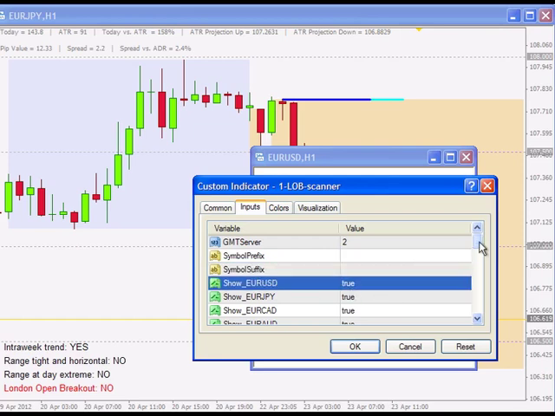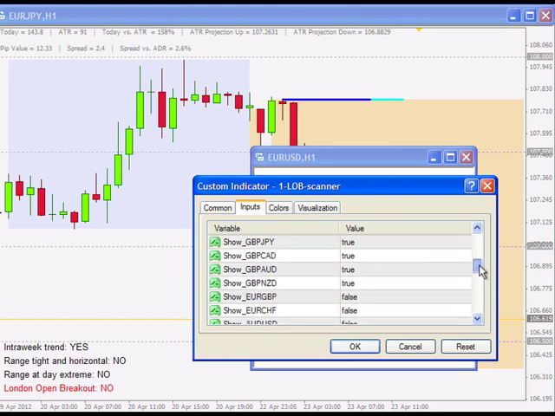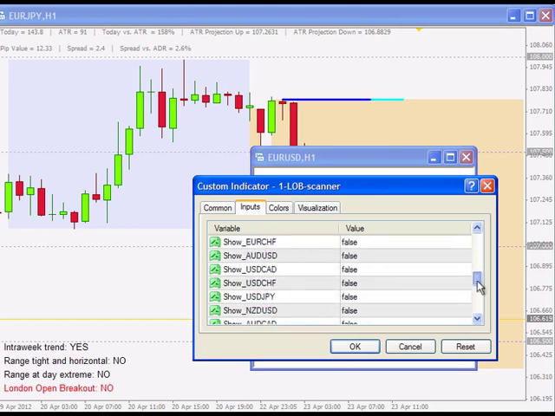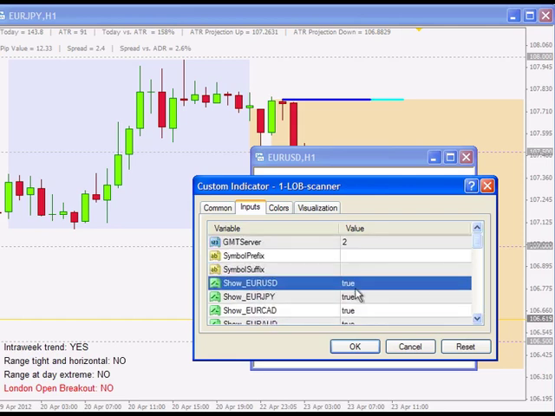Okay, and down here you can toggle true or false all the different currency pairs. My advice is that you only set to true those currency pairs that are suitable for the London Open Breakout strategy.